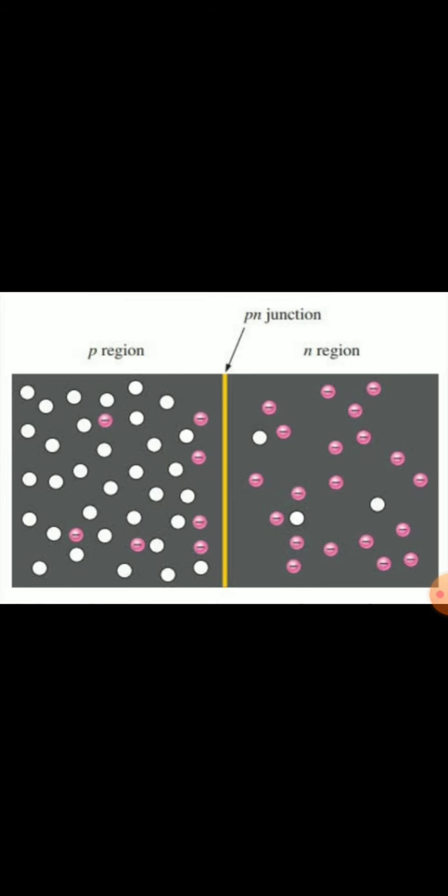As the electrons move across, the P region loses holes as the electrons and holes combine, which results in a layer of negative charges near the junction. These two layers of positive and negative charges form a region called the depletion layer or depletion region.